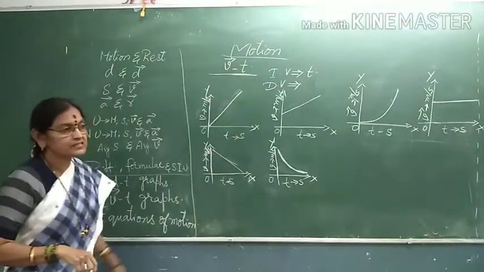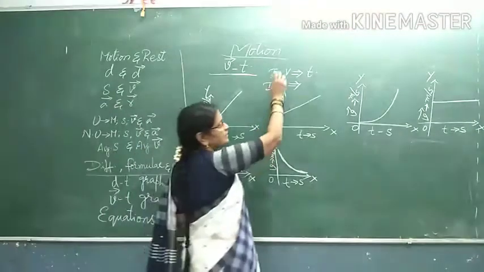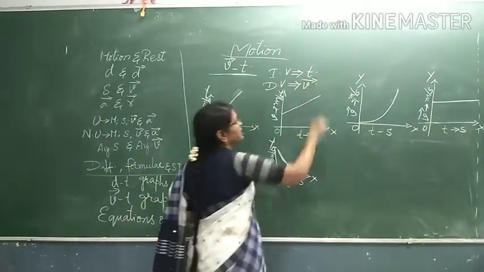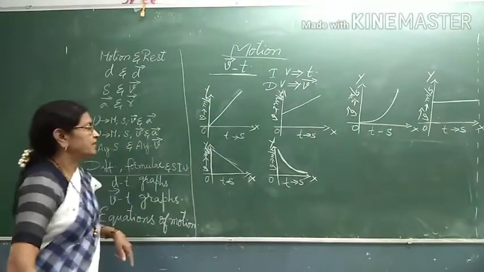Now we are going to discuss velocity-time graphs. Here the independent variable is time and velocity is the dependent variable.